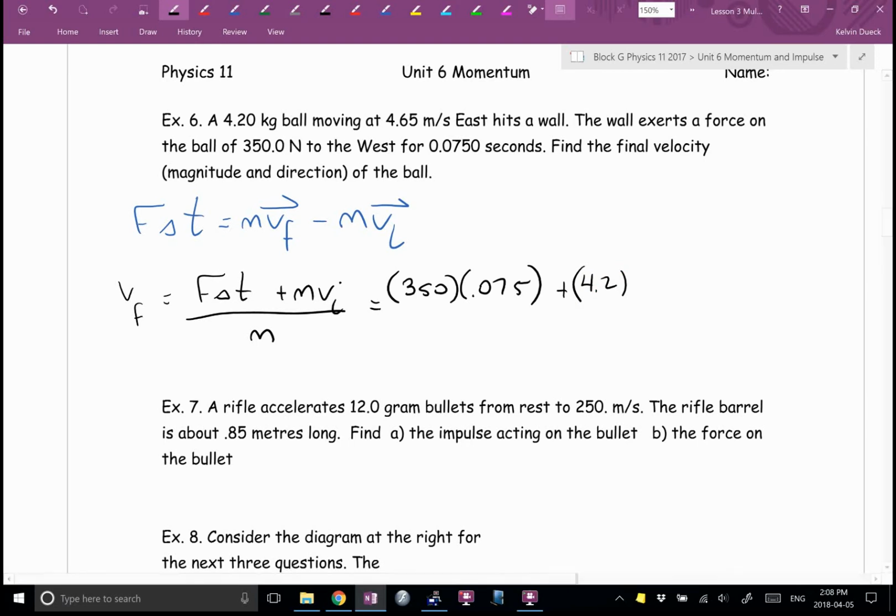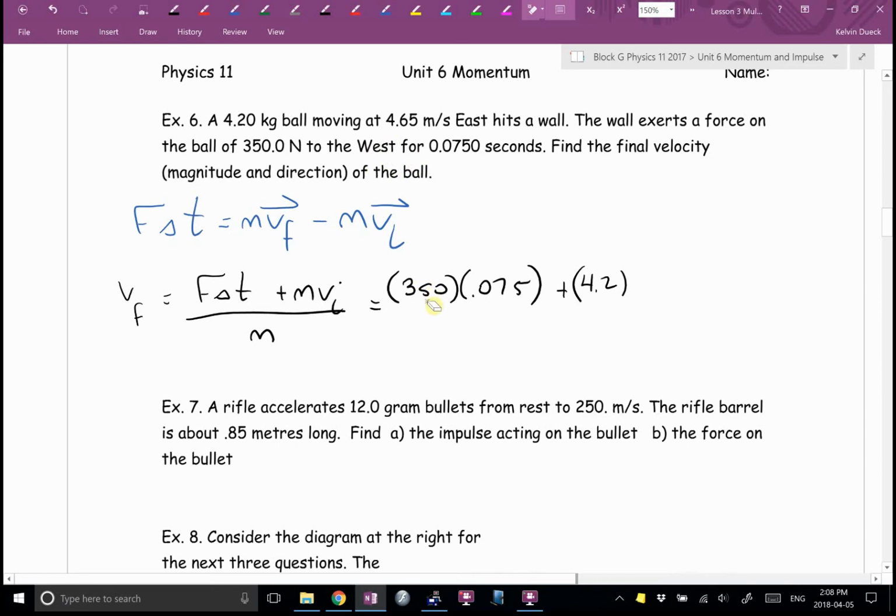Impossible. It can't be. Why can't it be? Colby, it's bouncing off the wall. What direction is the velocity? West. No, what direction is the initial velocity, Ethan? East. What direction is the force?